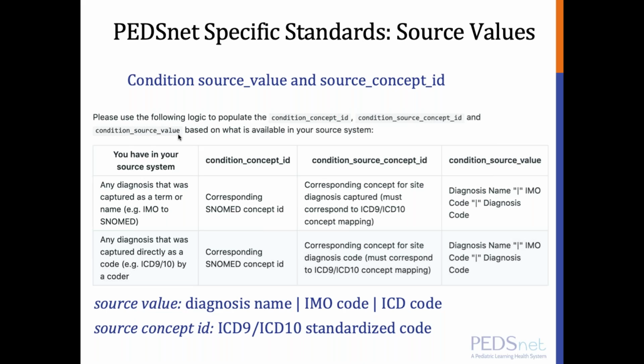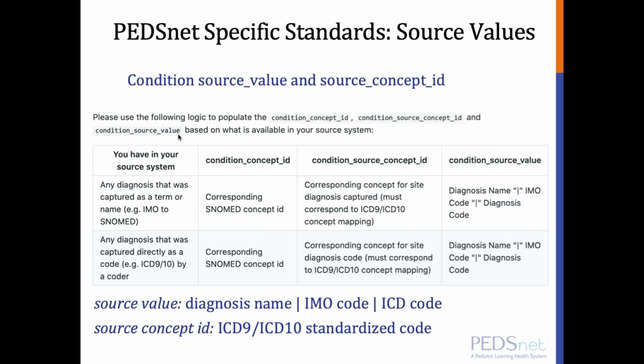So for example, in the condition table, we have the condition concept ID, and as was mentioned before, those are all standardized to SNOMED. What our source value field does for us is give us the IMO code from Epic typically, so that's the proprietary code from Epic, and then also, most importantly, the one that we use the most is the ICD code. And again, we use that a lot because people are very, very interested in billing data.